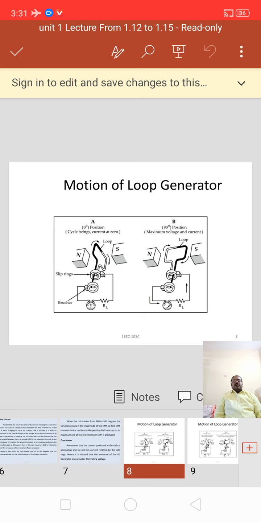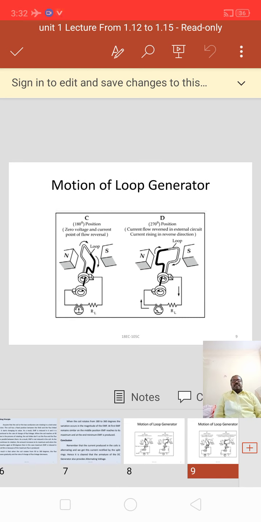From this figure, some amount of energy is generated, that is shown from the galvanometer point of view, and in figure B, it changes from 90 degrees to the 180 degrees angle, that is in the rising fashion of the current, that is the positive peak of the sine wave shown in figures A and B. Now in figure C, it changes its flux direction from 180 degrees to 270 degrees, that is it slightly decreases the energy from maximum to a little bit minimum.